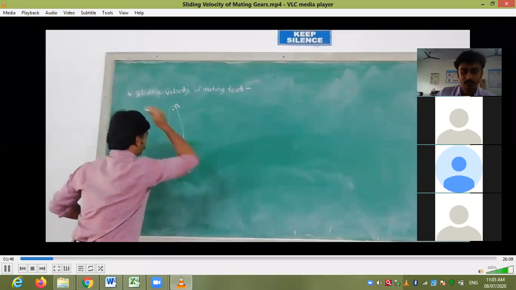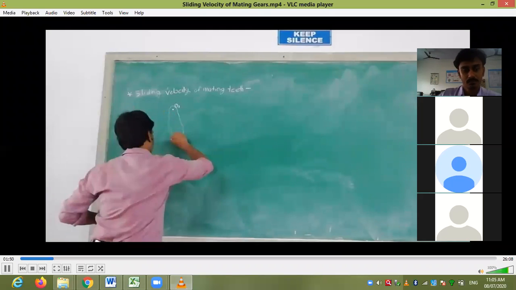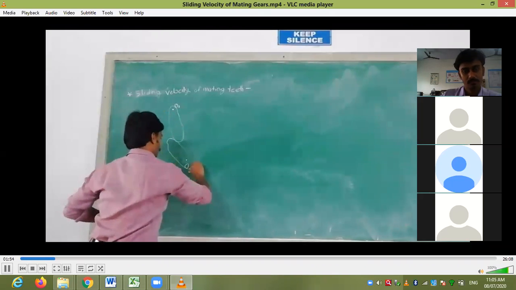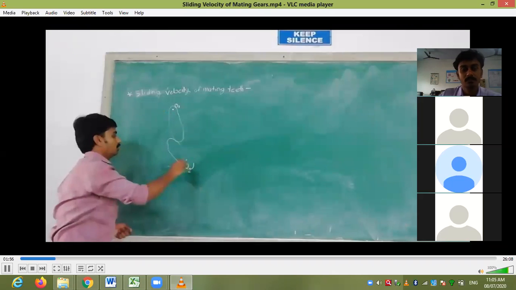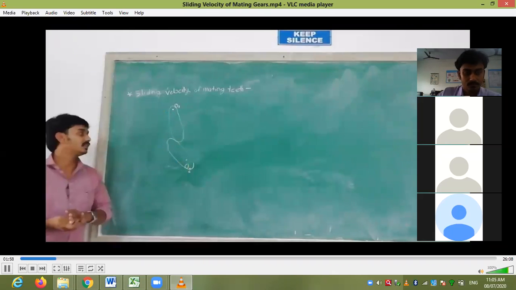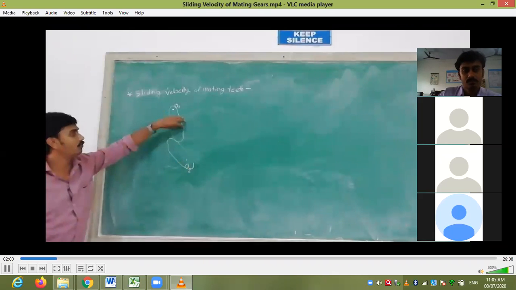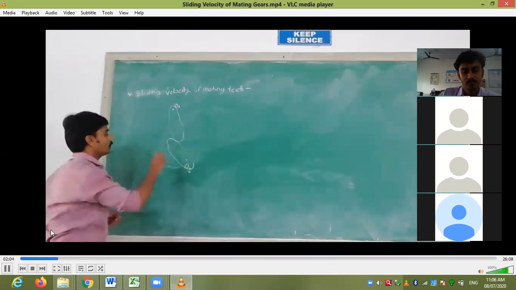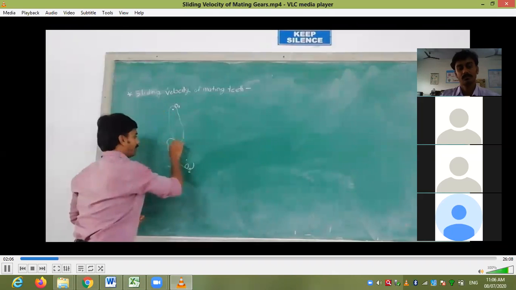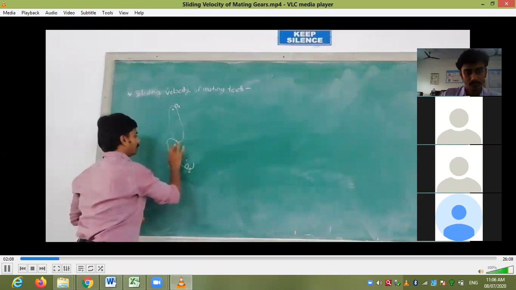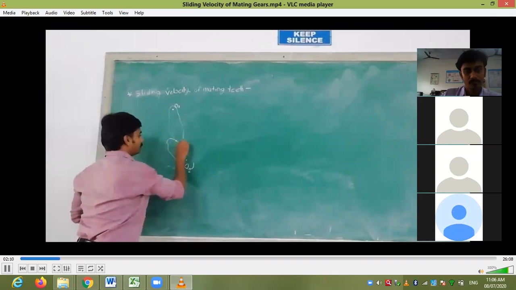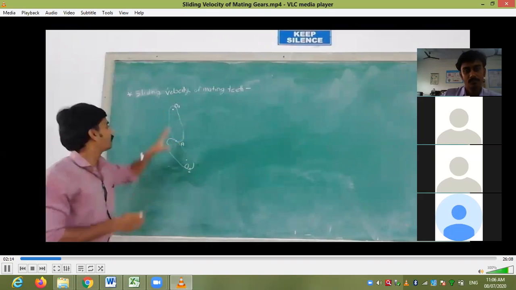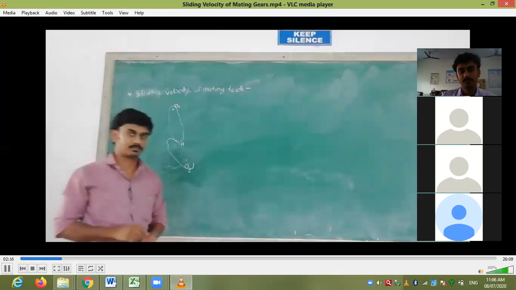This is the tooth of the first gear, and now consider the second tooth with center O2. Mark the point of contact A, where the two teeth of different gears meet each other.